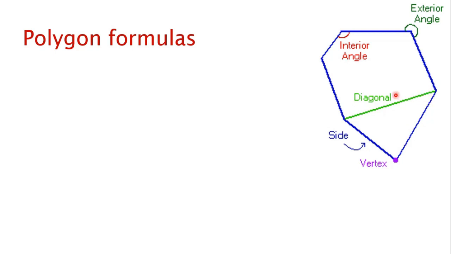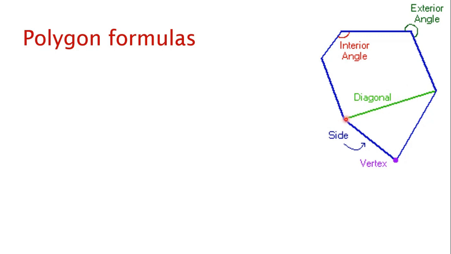So we can see from here that this polygon is not a regular polygon because the sides are not the same. This side is longer than this side here, and so the internal angles will also not be the same. So this is what we are calling a side, and then we are seeing a vertex here and then a diagonal.